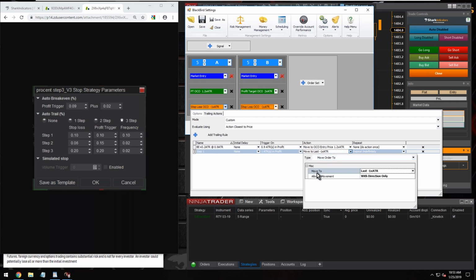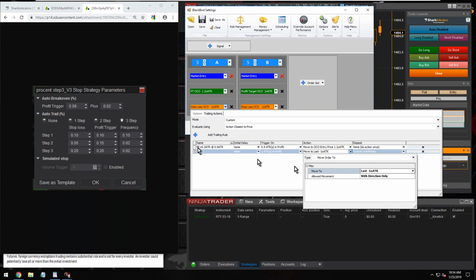So the action is what calculates your stop loss position or your stop loss price, right? So that's what the stop loss column is doing, it's used to calculate your stop loss offset distance, right? And so that's what the action column is calculating, where you are moving that stop loss to, right?